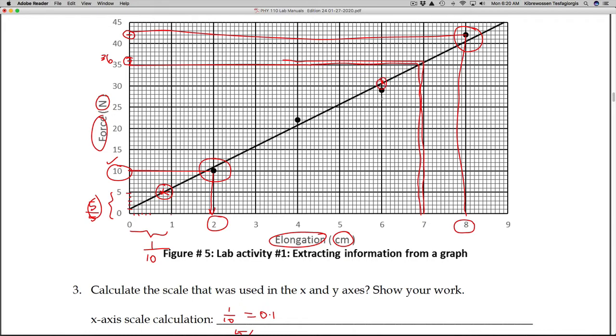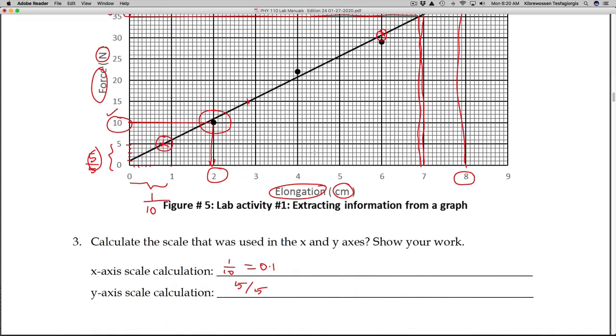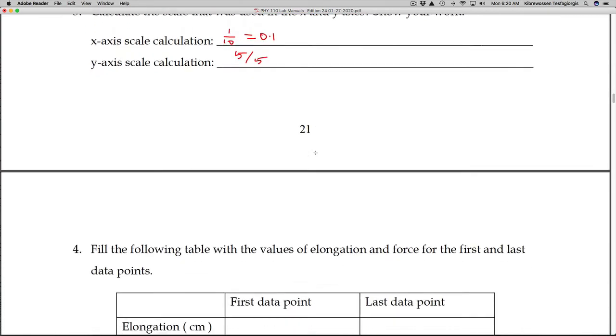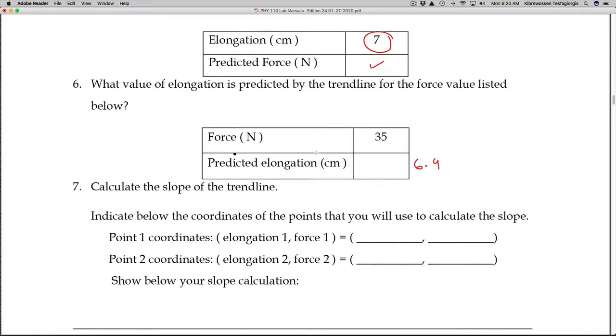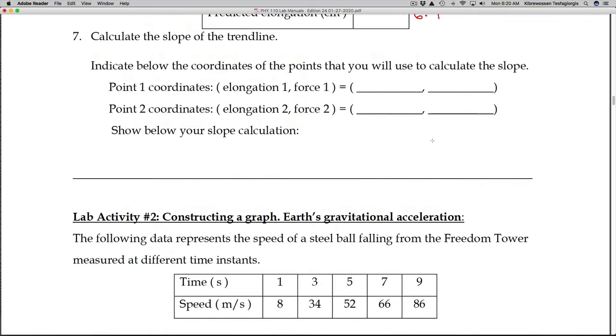You are not always bound to select those 2 points. It doesn't matter. Student A may choose those 2 points, student B may choose other locations, like this and like that. Keep in mind not to make the points close to each other. Don't select points that are very close to each other.